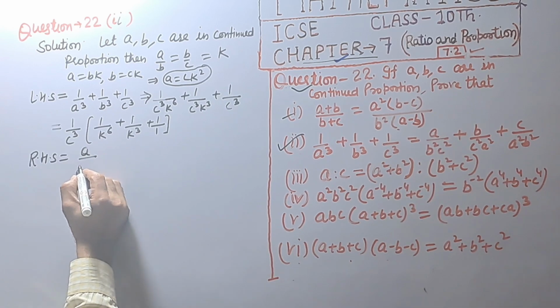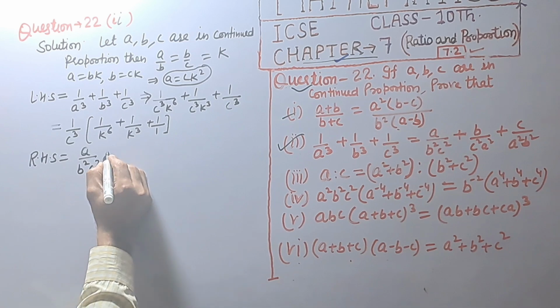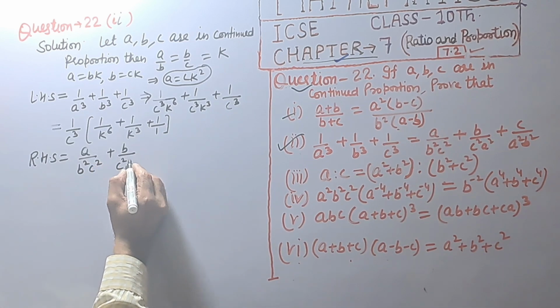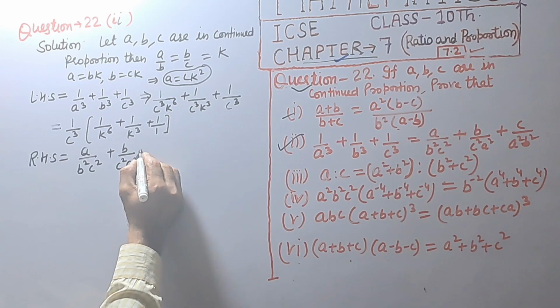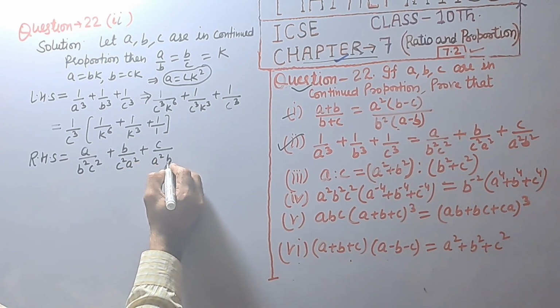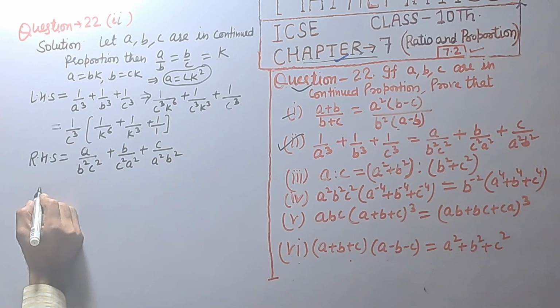A upon B square C square plus B upon C square A square plus C upon A square B square.